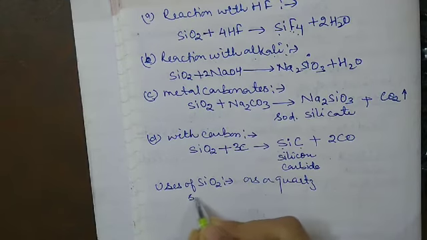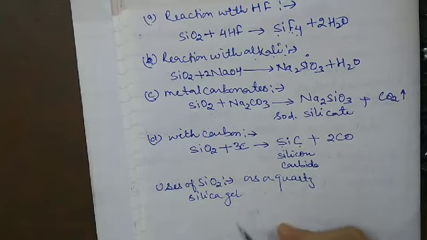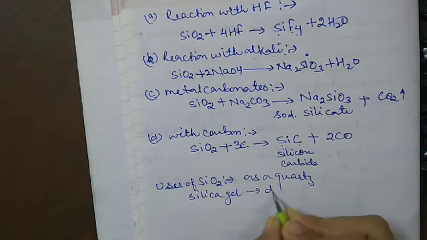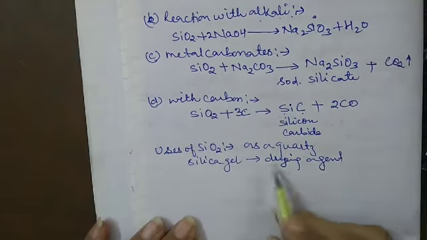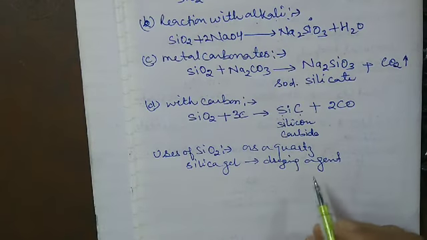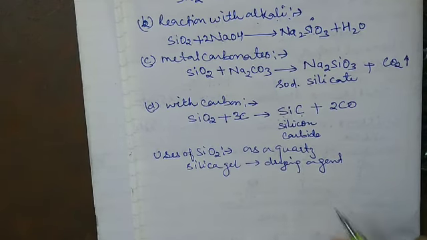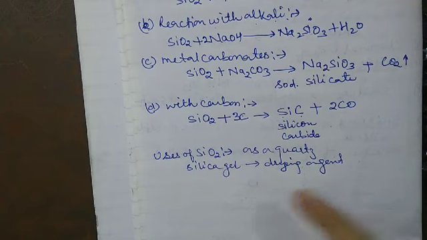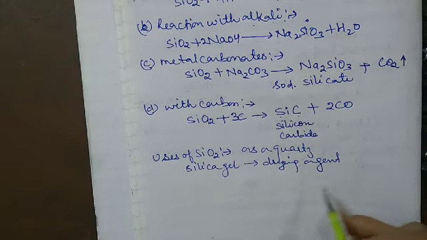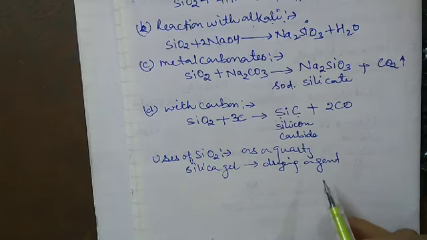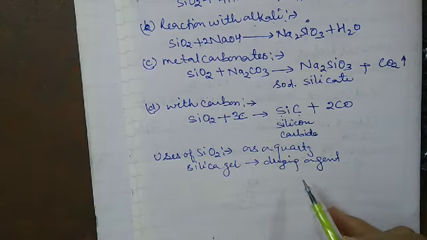Silicon dioxide is also used in the form of silica gel, and silica gel acts as a drying agent. It also supports the chromatographic material. Chromatography is the technique used to separate colors. It also acts as a catalyst.